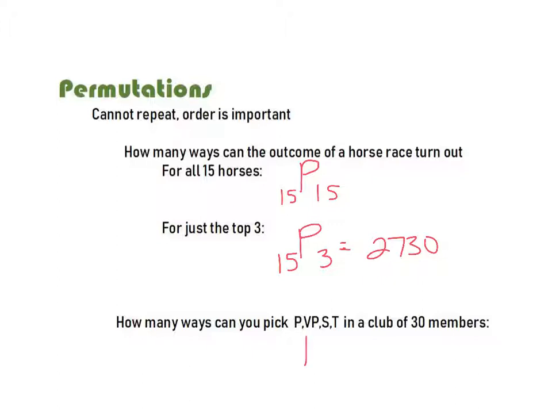That's what's going to allow me to do permutations. And then I'm going to say I have 30 members and I have to choose 4 different officers. And then I would type that in my calculator and get whatever I get there. Okay, I'll go ahead and do it. 30. All right, lots of different ways for me to select those members.